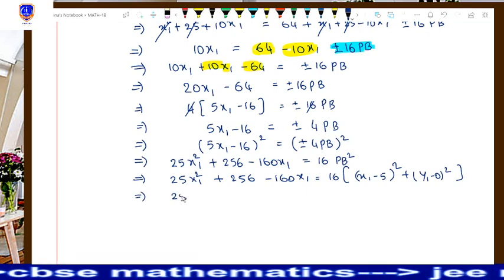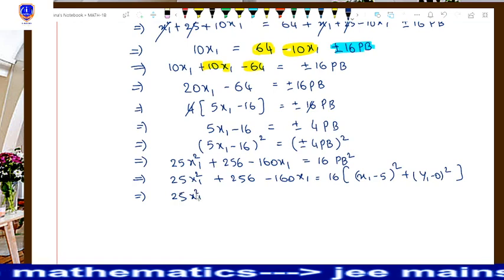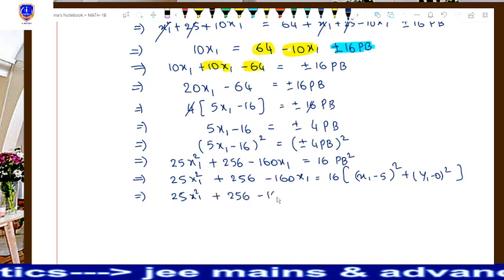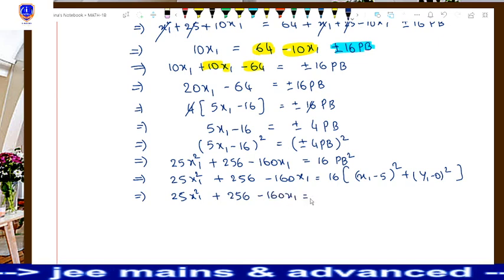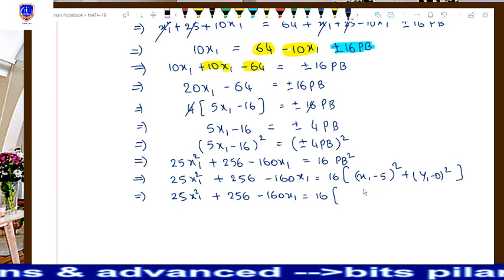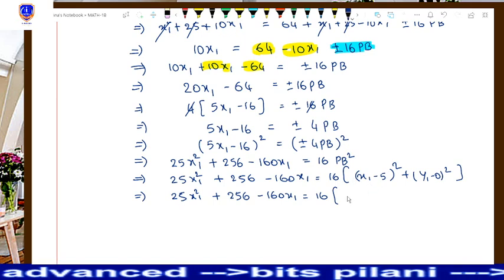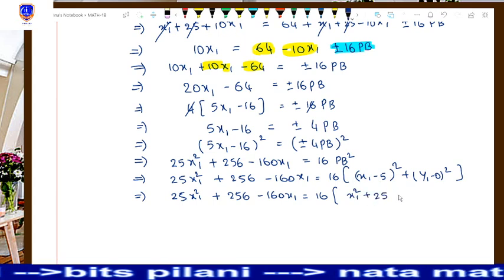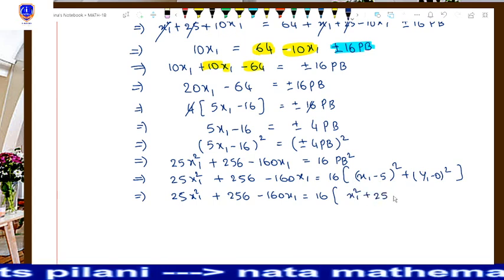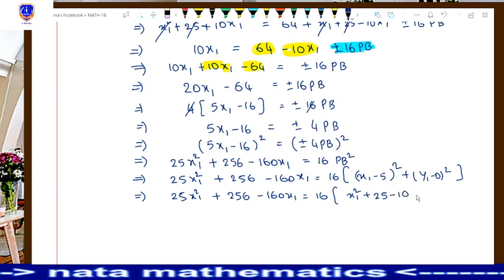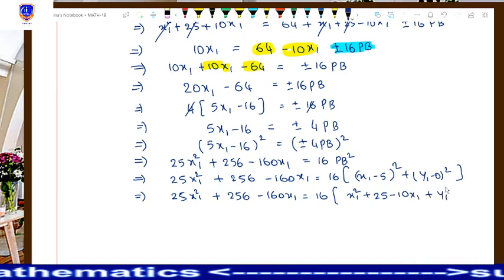This implies 25x1 square plus 256 minus 160x1 is equal to 16 of, use the formula (a minus b) whole square for expanding this expression. A square means x1 square, b square is 5 square, 25, minus 2ab is minus 10x1, plus y1 square.